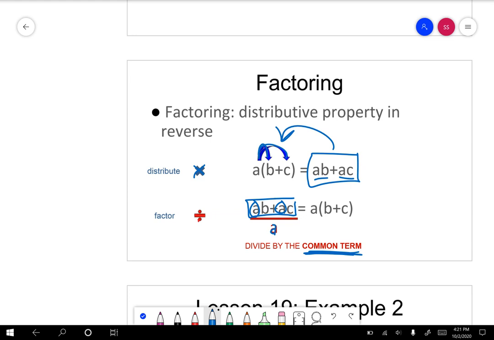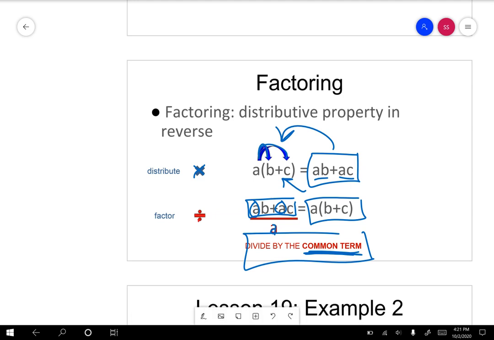We're taking it out of the multiplication. We're doing distributive property in reverse, and we would end up where this one started. So factoring is distributing in reverse, and to factor, we divide by the common term.